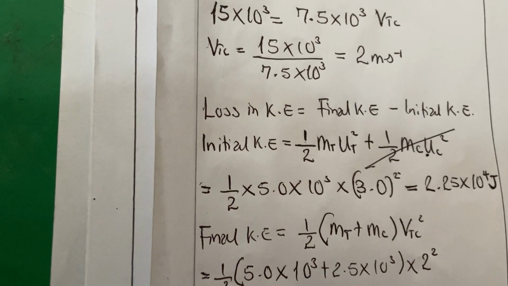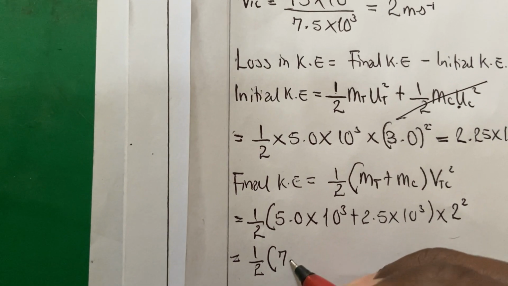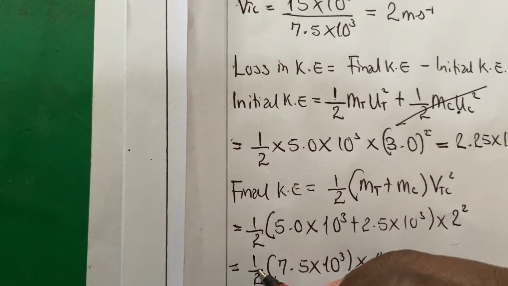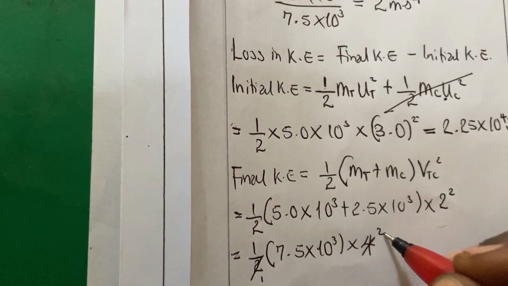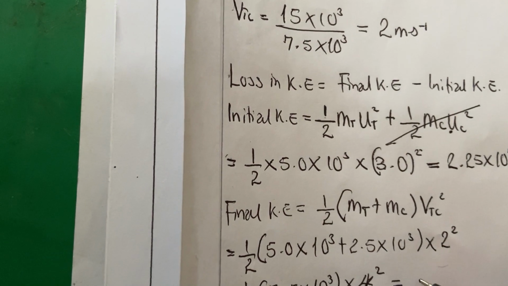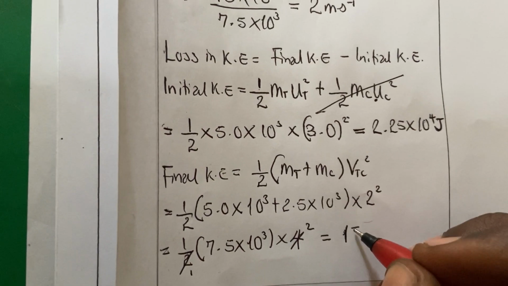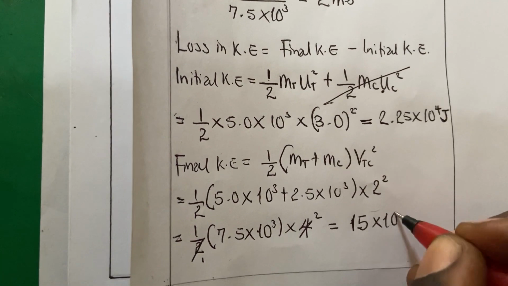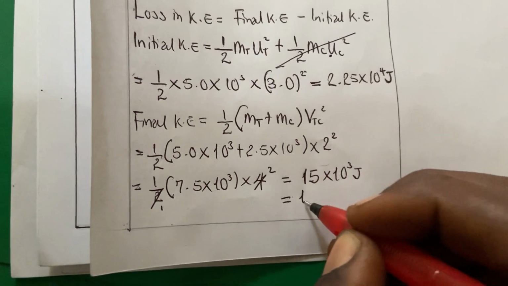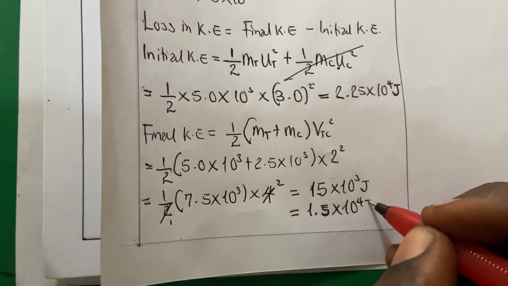So 1/2 times 7.5 times 10 to the power of 3 times 4 will give me 15 times 10 to the power of 3 joules, or 1.5 times 10 to the power of 4 joule.